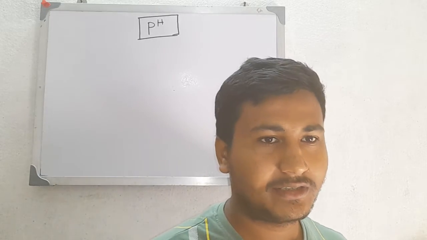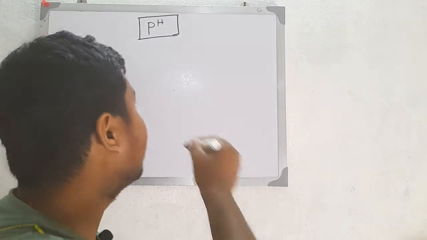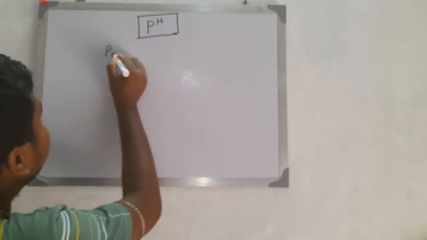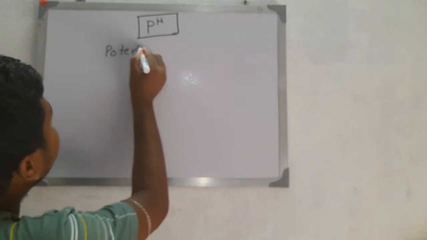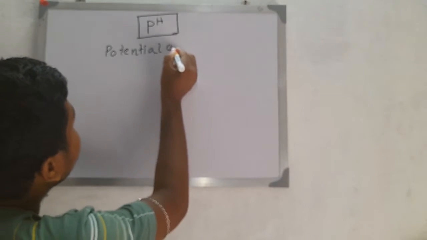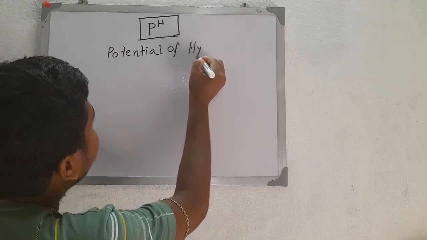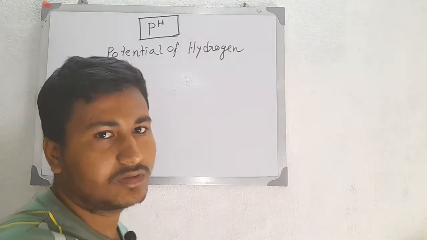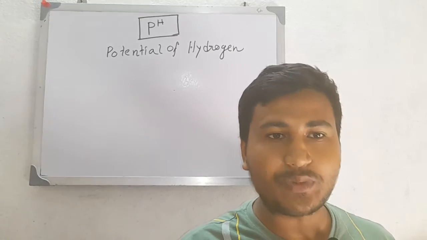What is pH? The full form of pH is potential of hydrogen, which is expressed in an equation.